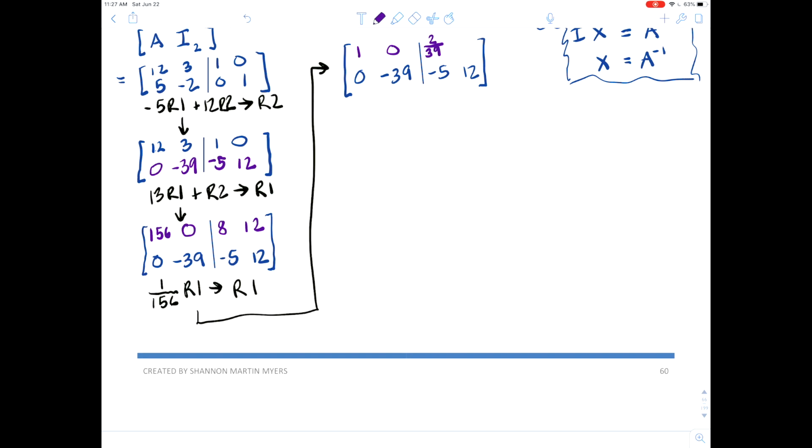And then 12 over 156 will give us 3 over 39, which further reduces to 1/13. Groovy? And then our last step will be to multiply row 2 by negative 1 over 39 and get a new row 2.